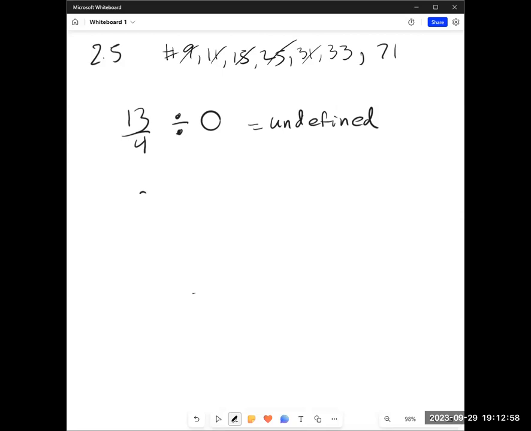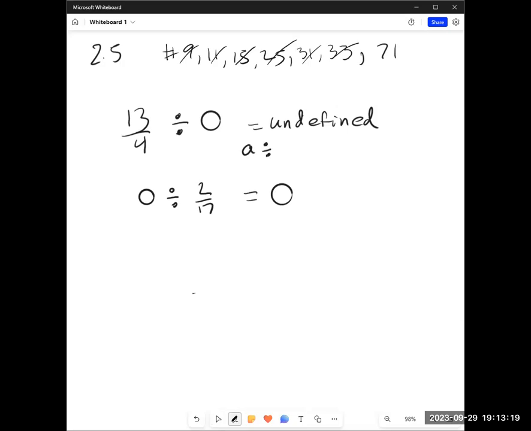Our next problem says 0 divided by 2 over 17. That's going to equal 0 because 0 divided by any non-zero number is 0. So those are two special rules to remember. Let's write them up here again.